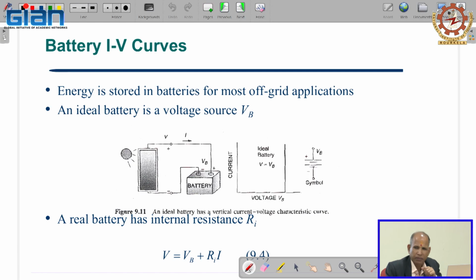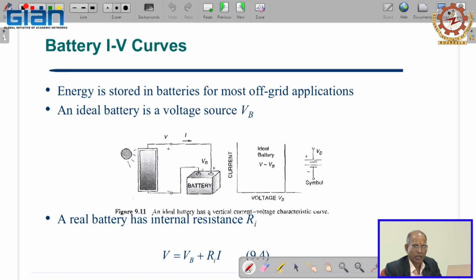Now we understand a little bit the IV curve of the battery, as batteries are a very essential part of PV systems. Energy is stored in the batteries for off-grid applications.